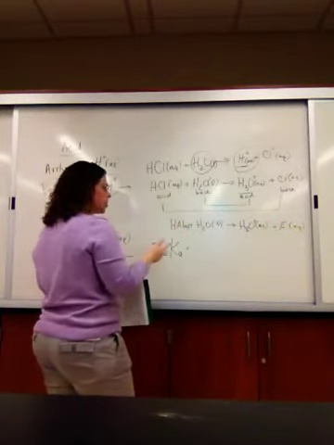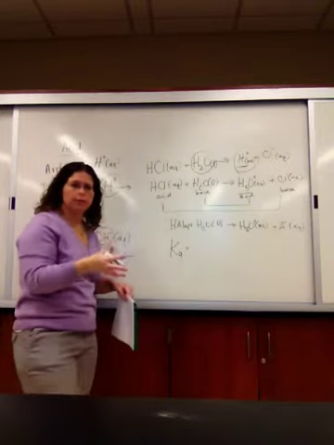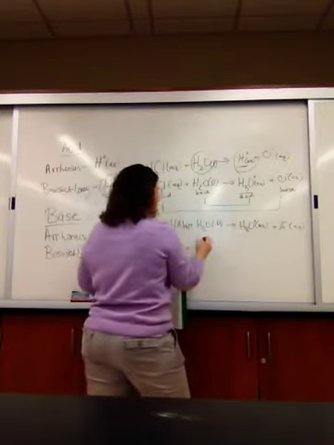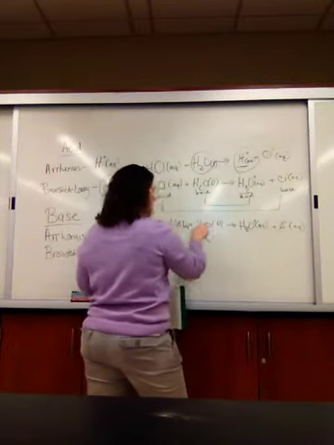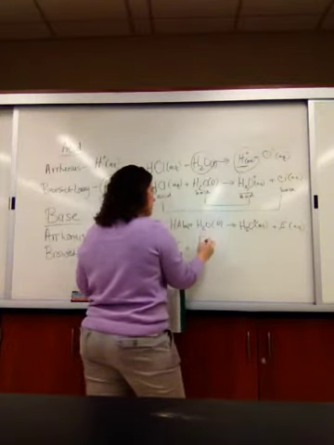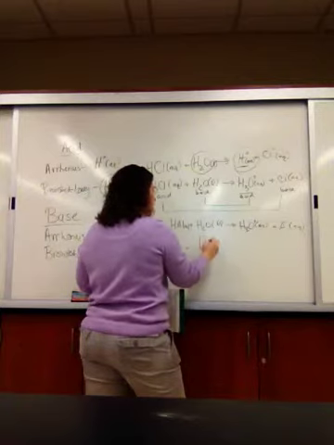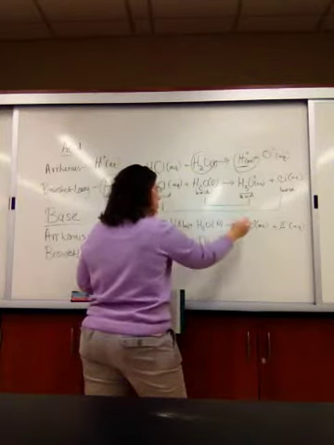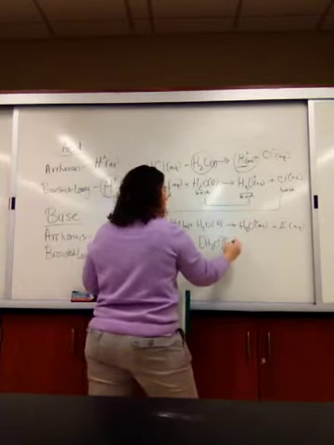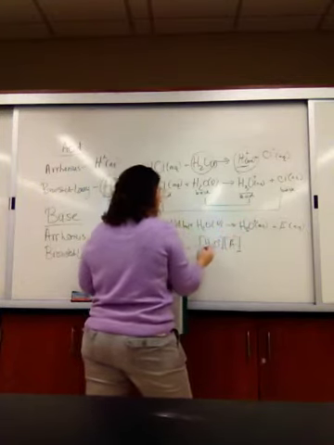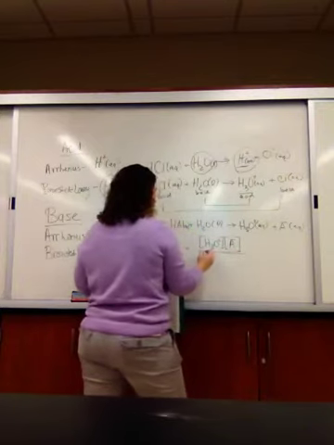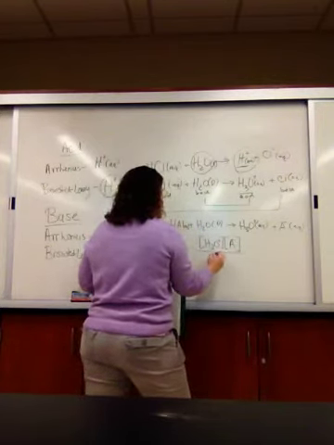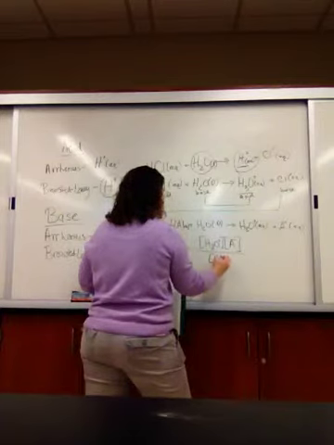Okay, so for our general ionization constant for this general reaction, you always put the products on top and the reactants on bottom. So we've got the concentration of H3O+, your hydronium ion, times the concentration of your base, over the concentration of your acid.